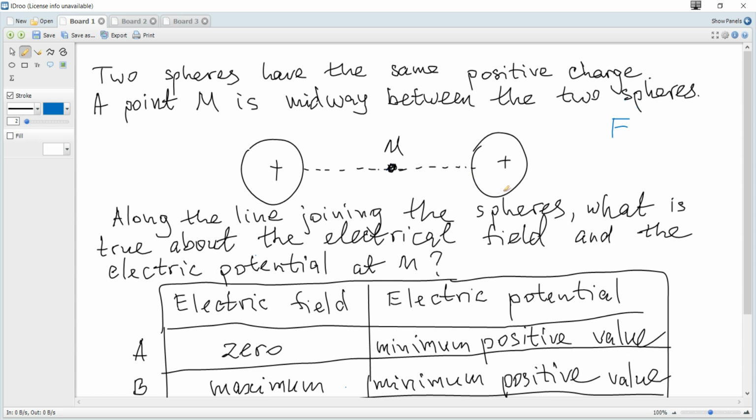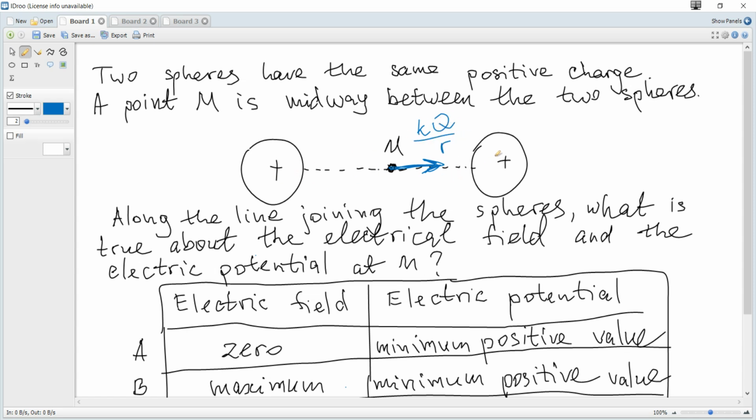Or we know that the electric field vector has direction from plus to minus, so this charge produces a field from plus, in this direction, of magnitude kq over r, where q is the charge and r is some distance.